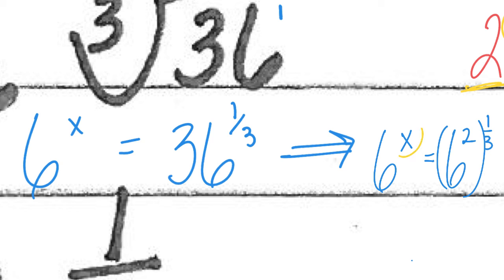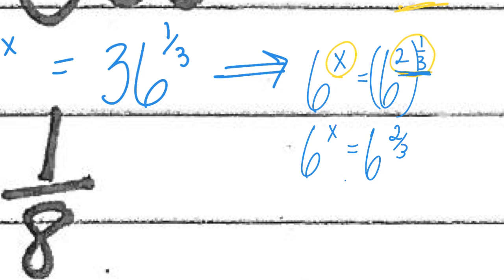So this one doesn't look as bad because now I'm in the same base, but I have to take care of this power to a power first. So my next step will say 6 to what power? Well, when I have a power to a power, I do multiply. So this is 6 to the 2/3. And x is equal to 2/3, because we can just pull out the exponents when the bases are equal. Great job, Algebra 2.